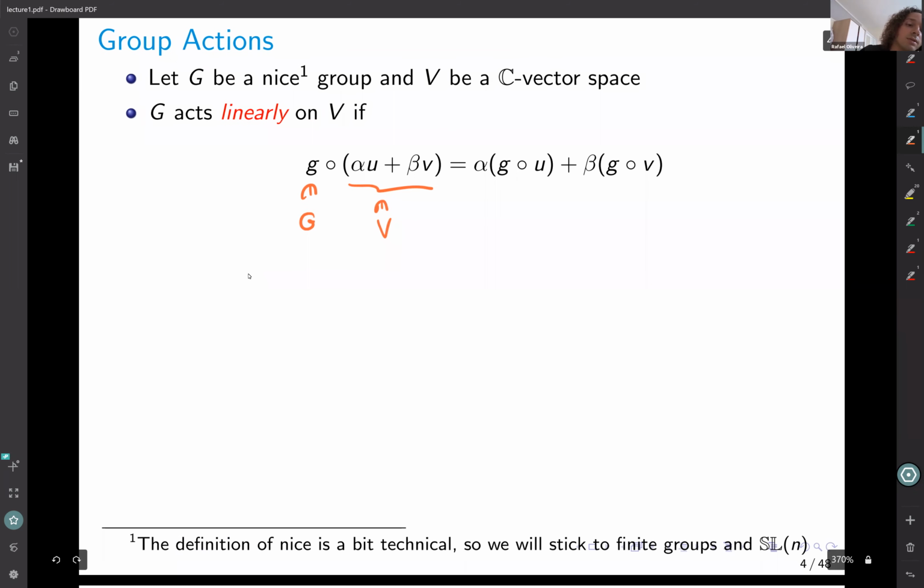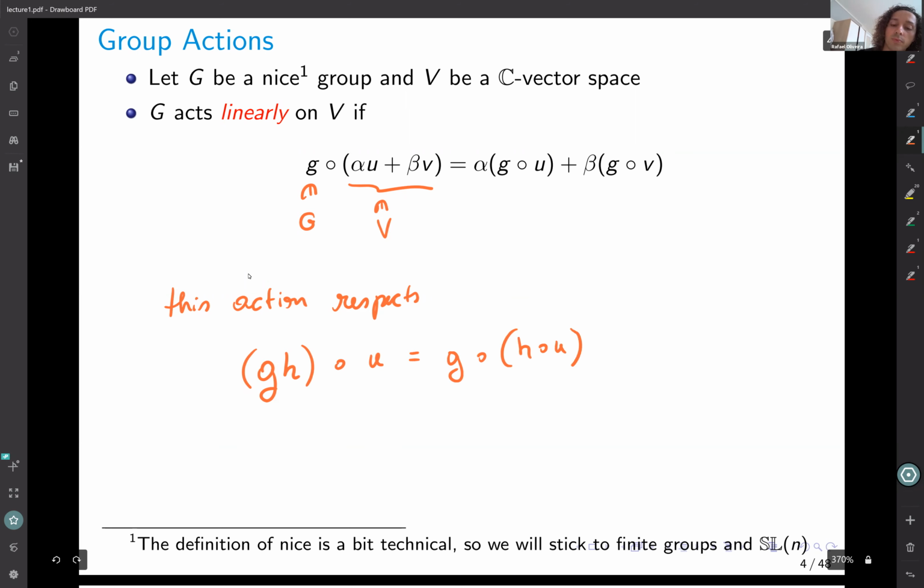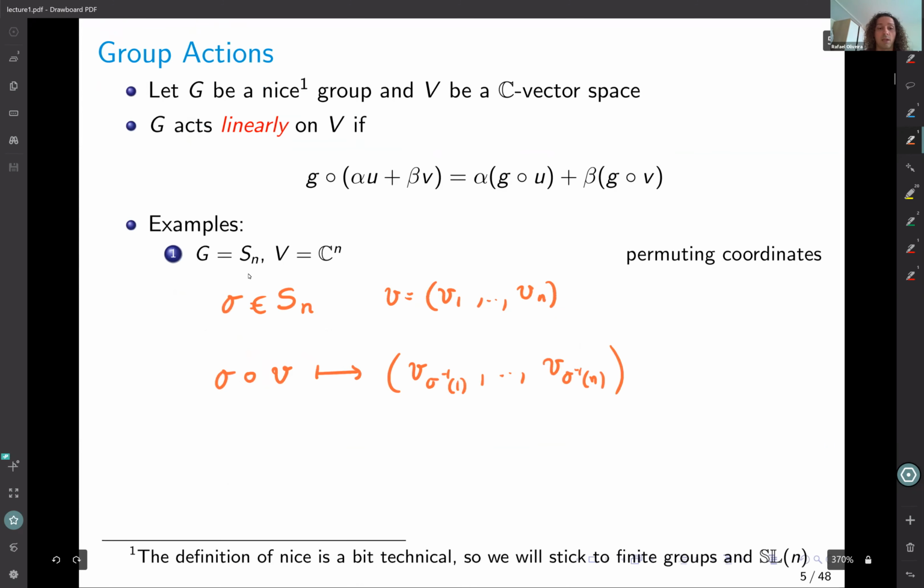So this action respects the group structure: if I have g, h acting on u, this is equal to g acting on h acting on u. Okay, so we have this law as well. It respects the law of the group and respects the law of the vector space, right?